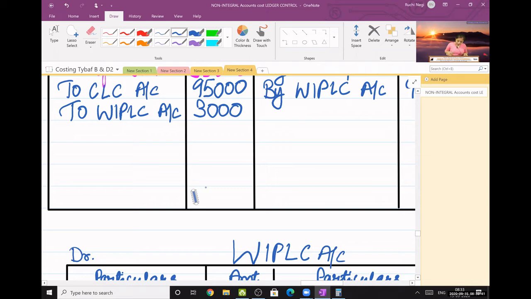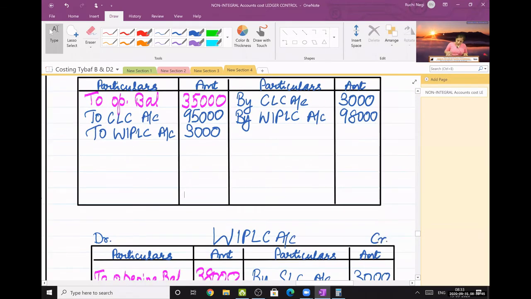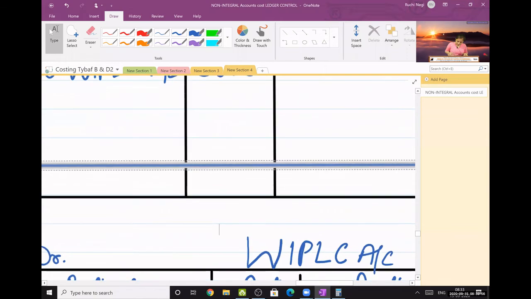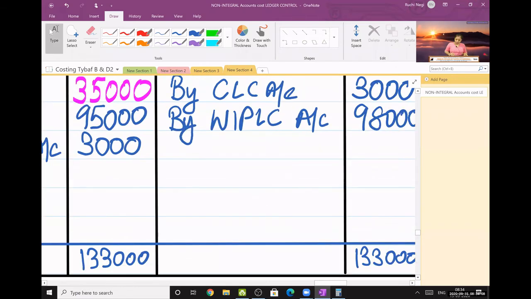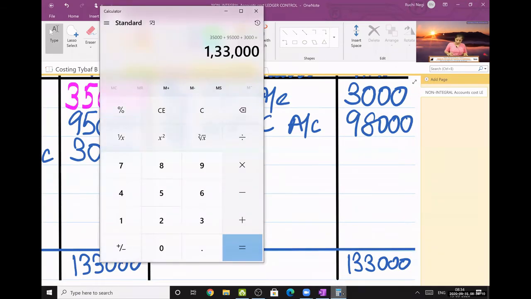1,33,000. Write the totals. 1,33,000 minus 3,000 and 98,000 minus 98,000 and 3,000.